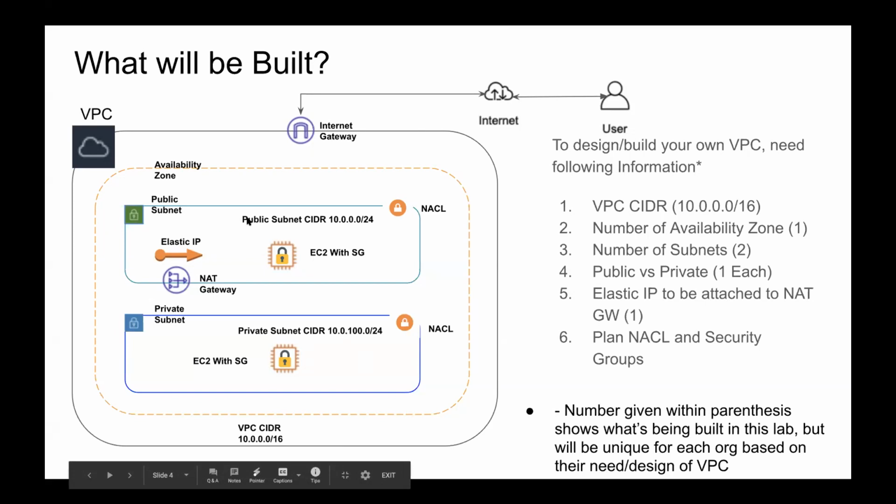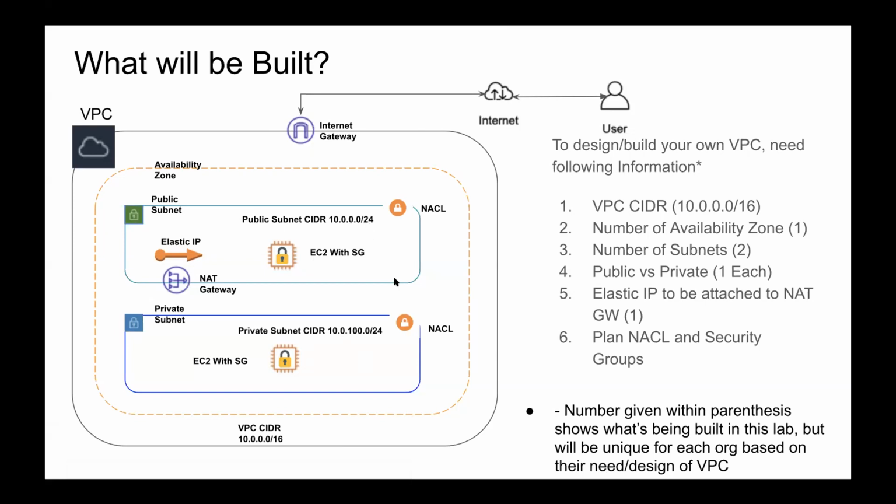Which is what I've given in this picture as well. That summarizes the goal for this lab. I have a few slides. I'll quickly walk through those, and we'll quickly jump onto the AWS console and do all those things.